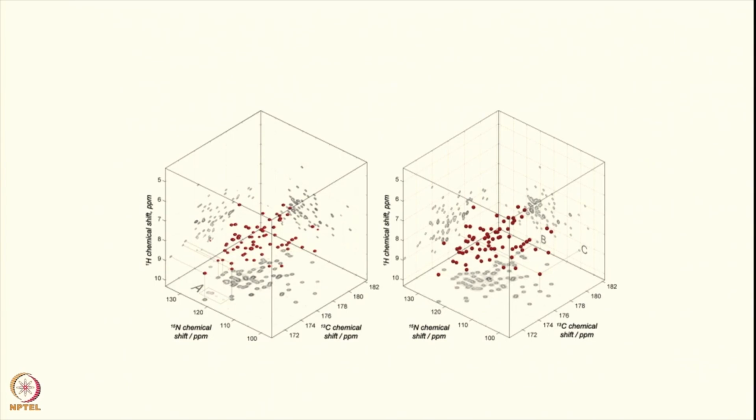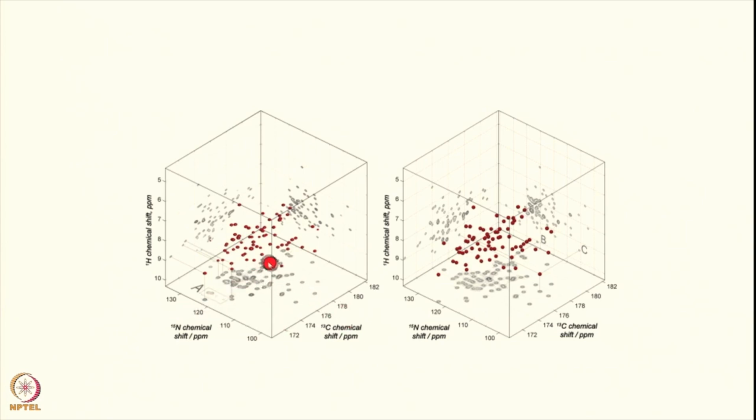So this is an experimental 3D spectrum. See here, you have proton chemical shifts on one axis, nitrogen chemical shifts on another axis, and C13 chemical shifts on the third axis. All these are different chemical shifts. So the peaks now appear in a box, okay, and if you take projections of this onto these individual planes, then on this bottom plane you get nitrogen 15 C13 correlations.